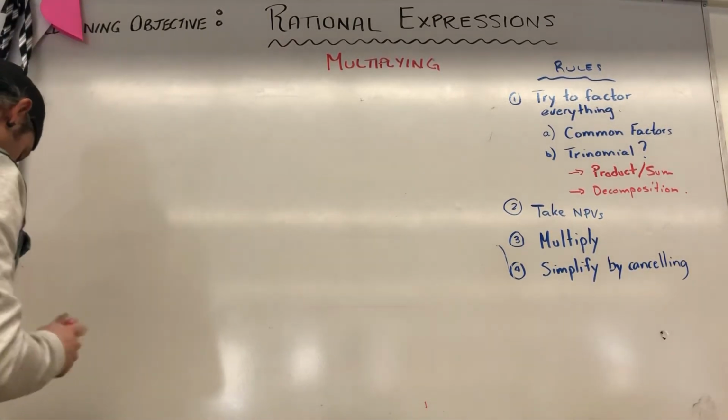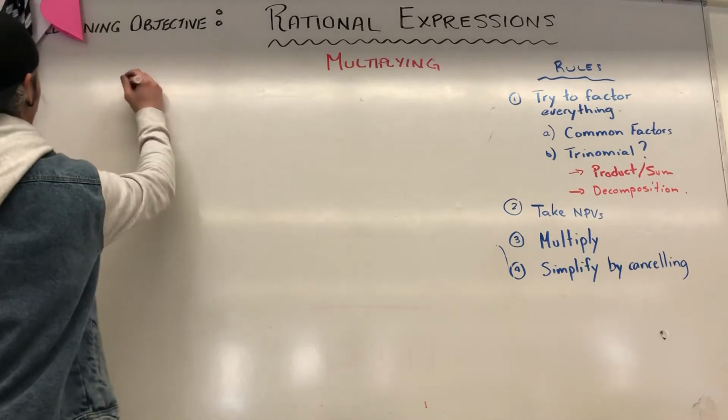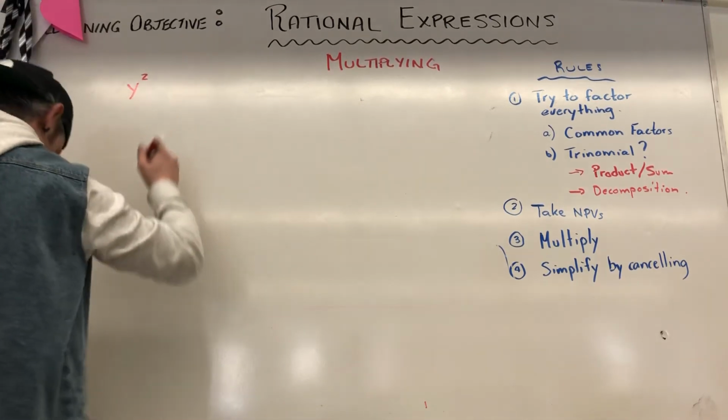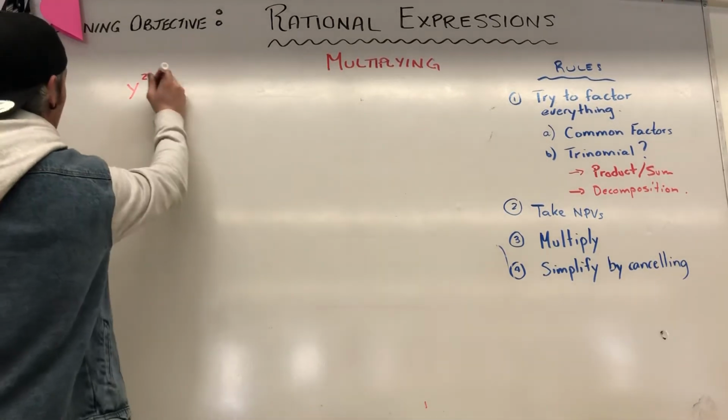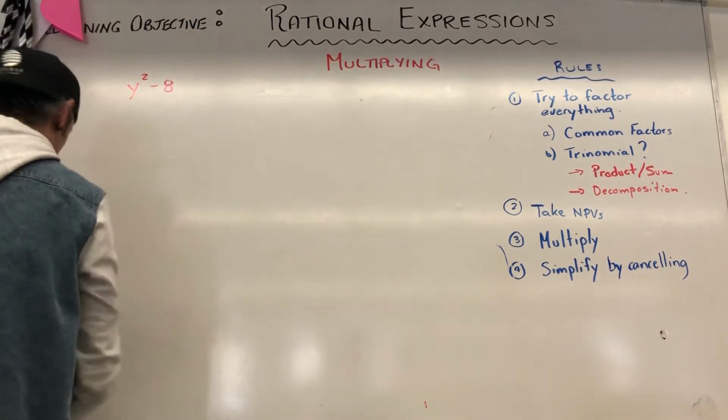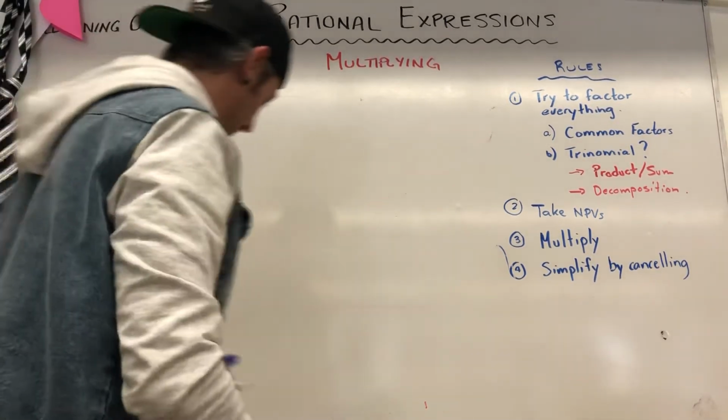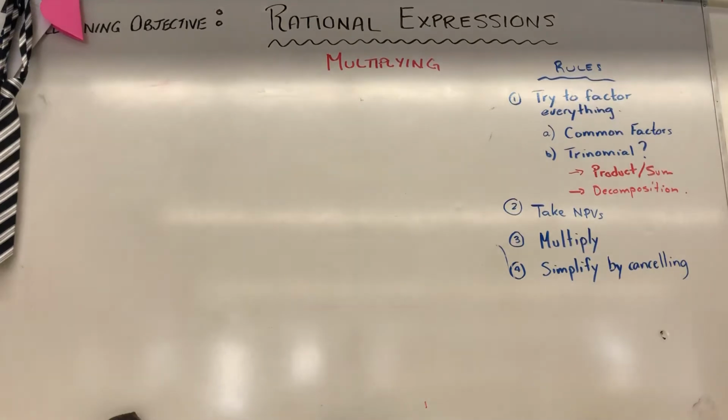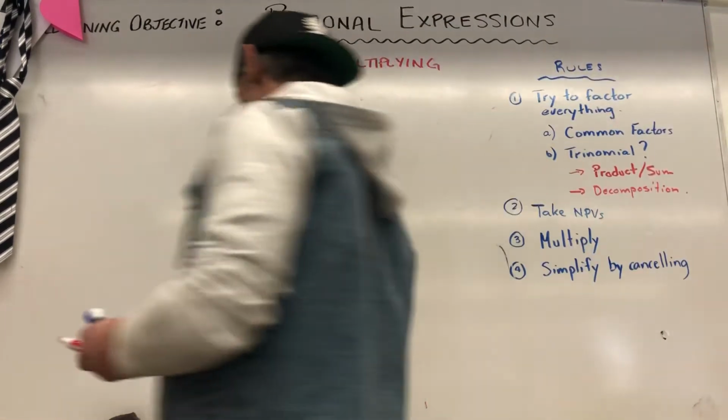I'm going to do this one right here, and we're going to have a great time. Minus 8y. Actually, I'm trying to find one with decomposition. And you know what? I'm going to do this one. I'm just going to get crazy.